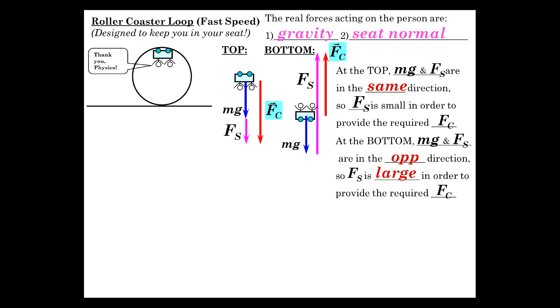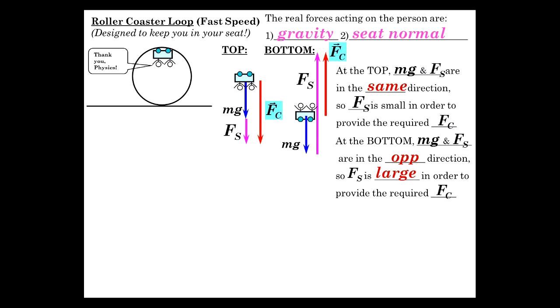Now, if you're understanding this well, you may recognize that my statement here is not very tight. Namely, by saying Fs is small, well, it doesn't have to be, because what if Fc is all the way down here? In other words, you're going so fast, you're going twice as fast. Then Fs may have to, in fact, be large in order to provide, in addition to gravity, all of that large Fc that results.